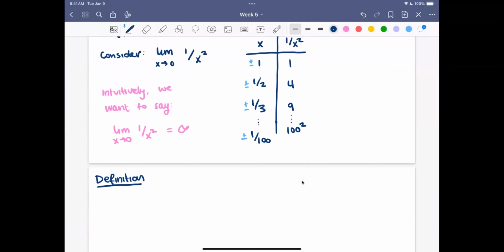What we're going to do is plug in a collapsing collection, or a one-sided collapsing collection, for the value we're approaching. In this case, it was 0. And then on the other side, we want to see a collapsing collection for infinity.